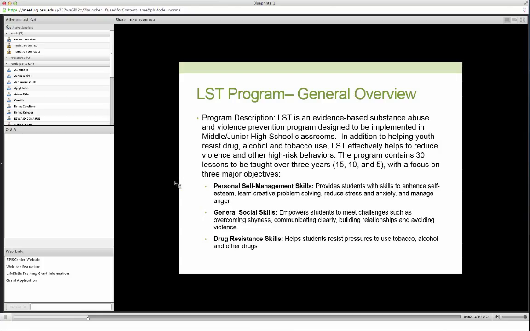And this program touches on 3 major objectives: personal self-management skills, general social skills, and drug resistance skills. And the idea is if we can develop a skill set within each of those areas, students are less likely to use drugs, alcohol, and tobacco, and it also helps to reduce violence and other high-risk behaviors within this age group.